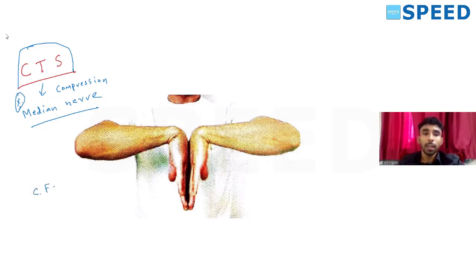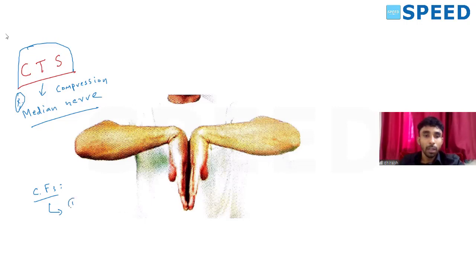Anybody? We know the median nerve is getting compressed at the level of the wrist in carpal tunnel syndrome, right? So whatever cutaneous and motor innervation by the median nerve in the hand will be affected.